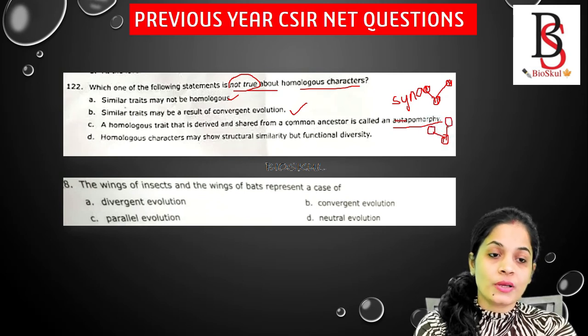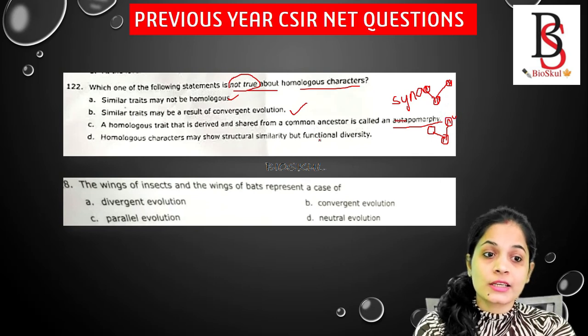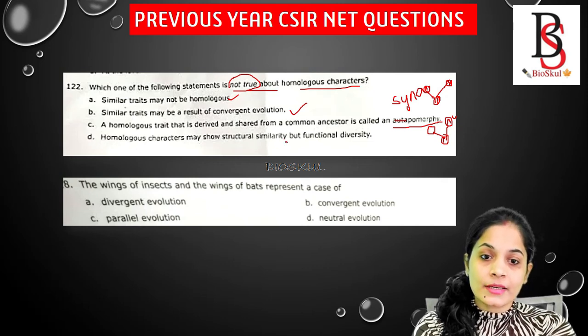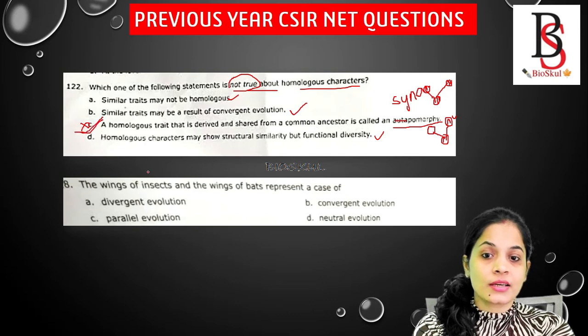It has its own distinct characters, which are not even shared with its closely related taxon. Then option D, homologous characters may show structural similarity but functional diversity. Yes, this one is also true. So which one is not true? That is option C. So for this question, the correct answer is option C.